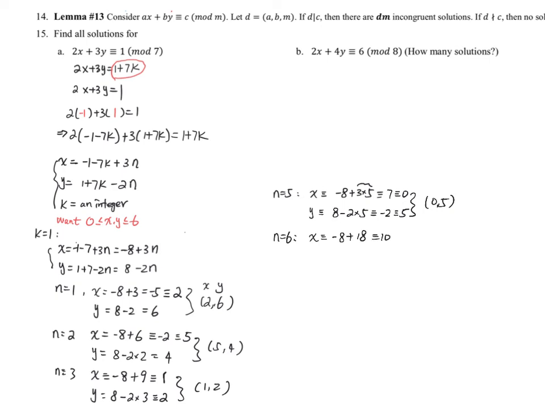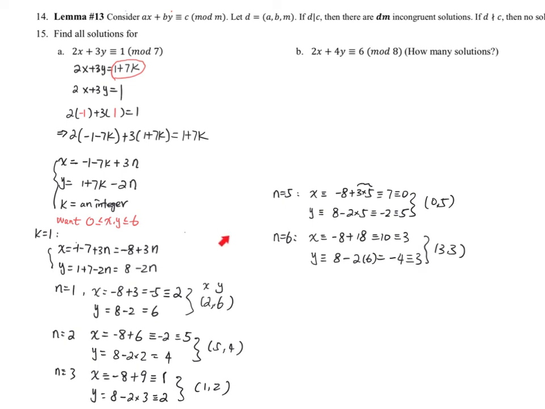This is congruent to 10, which means 3. Y is congruent to 8 minus 2 times 6, so 12. 8 minus 12 is negative 4. Negative 4 is congruent to 3, so therefore 3 and 3.